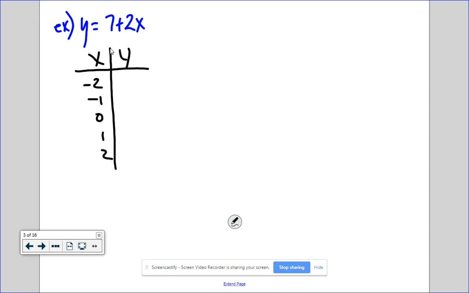Since it's linear, we'll just do a quick 5-point table. So negative 2, I plug that in. I get 7 plus 2 times negative 2, so that's 7 plus negative 4, or 3. Negative 1: 7 plus negative 2, or 5. 0: 7 plus 2 times 0 is 7 plus 0, or 7.